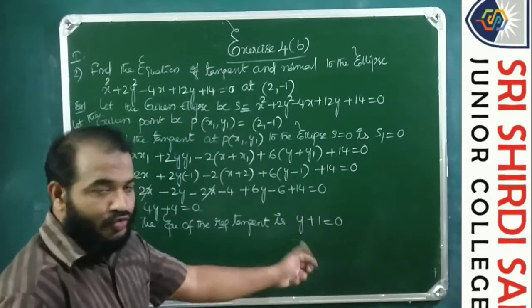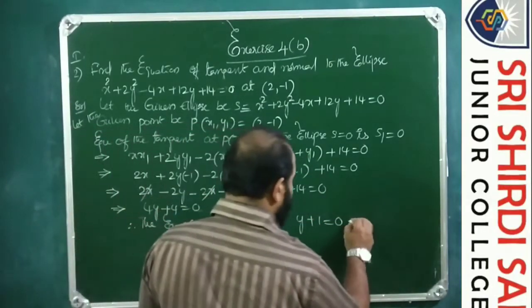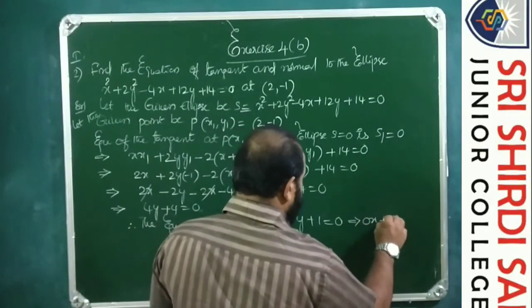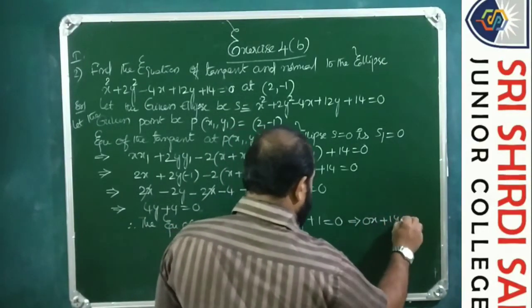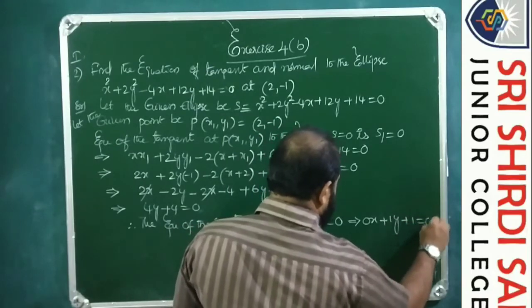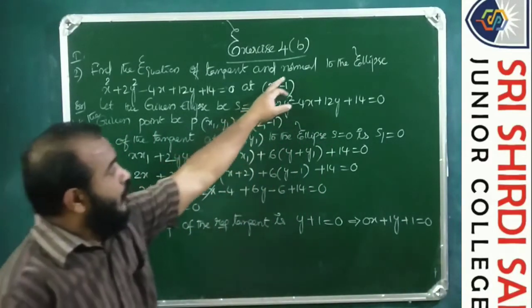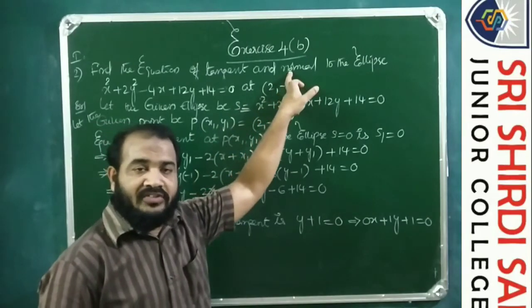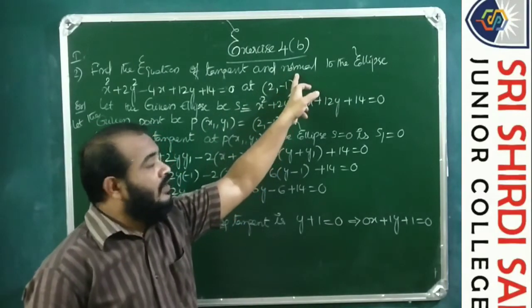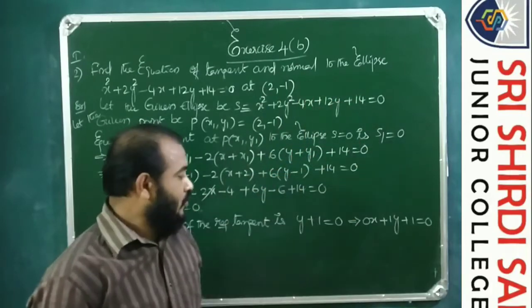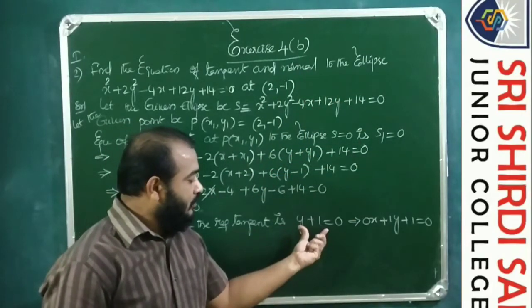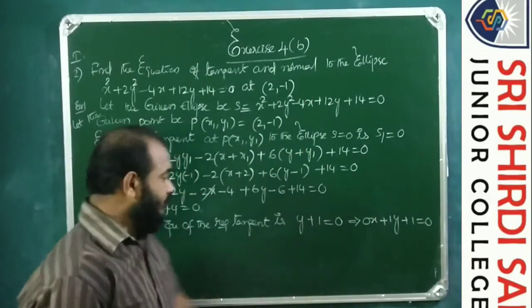To be more specific, this can be written as 0x plus 1y plus 1 equals 0. So this is the tangent, and we require the normal also. It is obvious that the normal is perpendicular to the tangent. So what is the line which is perpendicular to this?